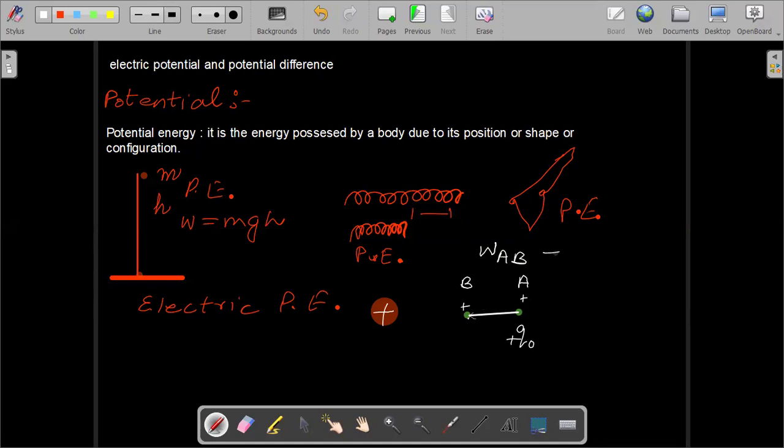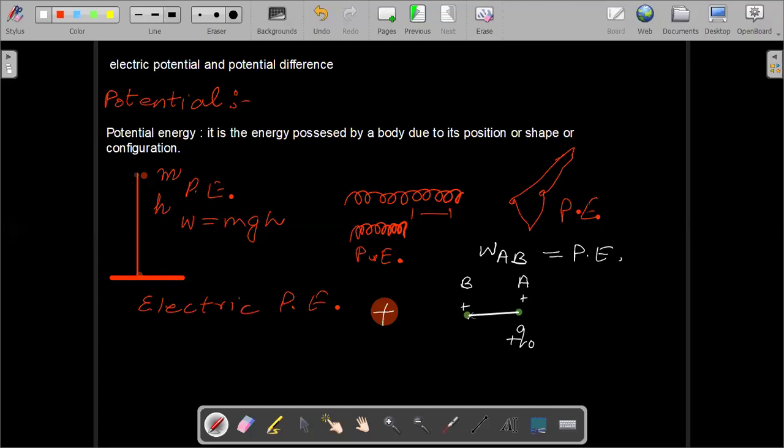Can I say that this work done will be stored in the charge in the form of potential energy? Yes, sir. Isn't it similar to the gravitational case? Like here you lift a mass to a certain height, you do some work, and that work is stored in the form of potential energy.